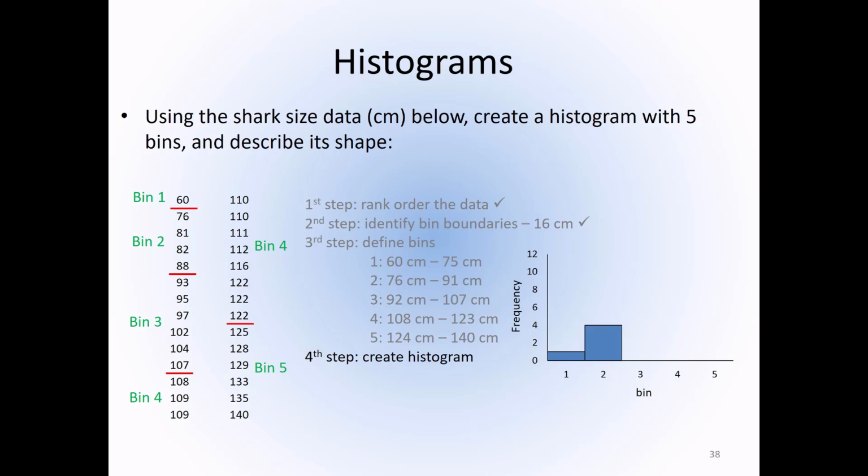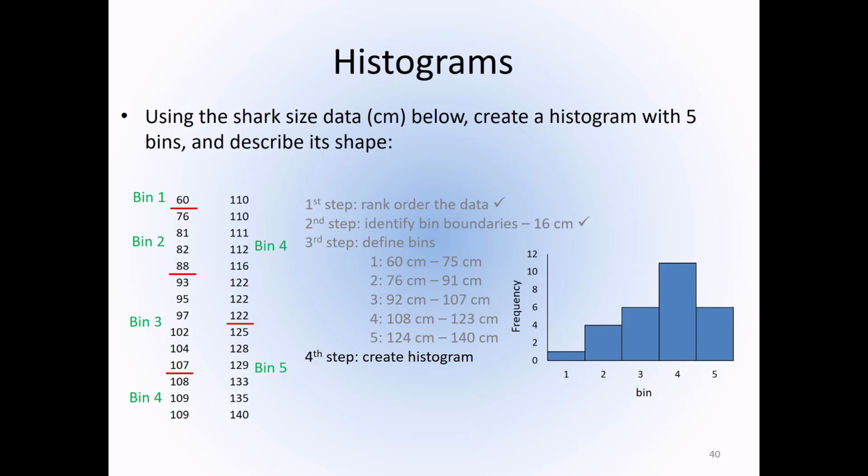We'll next then plot our second bin. This has 4 different observations, and note when we're plotting this that there's no space between bin 1 and bin 2. This indicates that it's a histogram rather than a bar chart. We then can plot our number of observations for bin 3. There's 6 observations here, and we can go through and plot the rest of our bins.